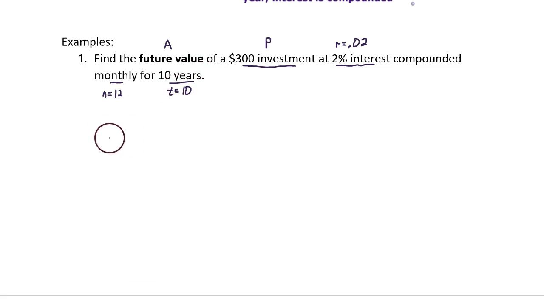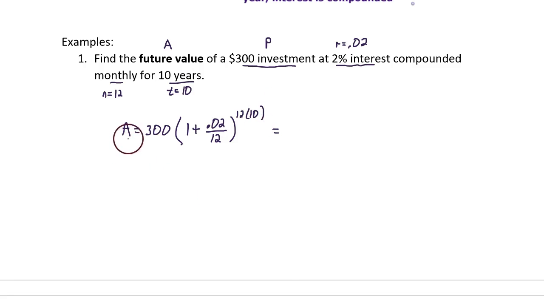Let's use the formula and make the substitutions. So A equals 300, and then in parentheses, 1 plus, now comes the letter R, so 0.02, divided by, now the letter N, that's 12, and in the exponent, it's N times T, so 12 times 10.